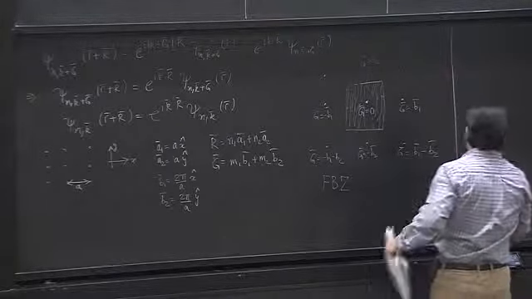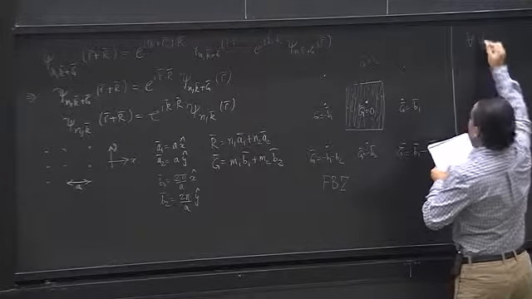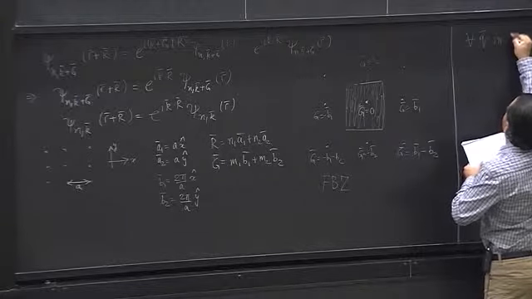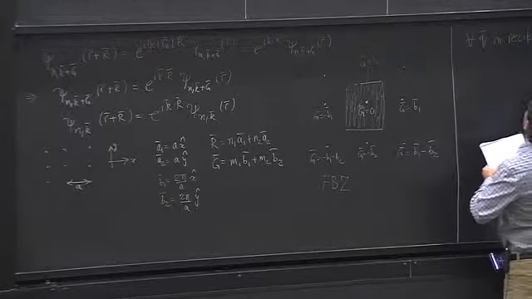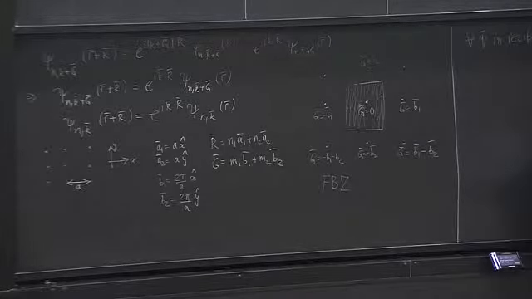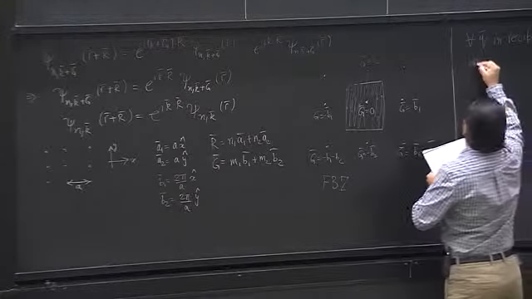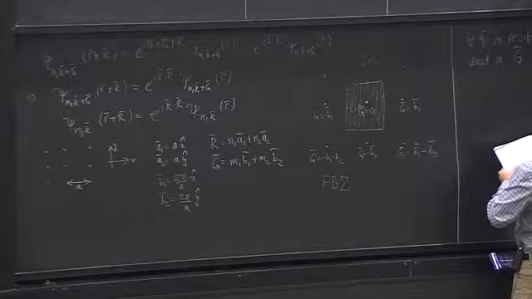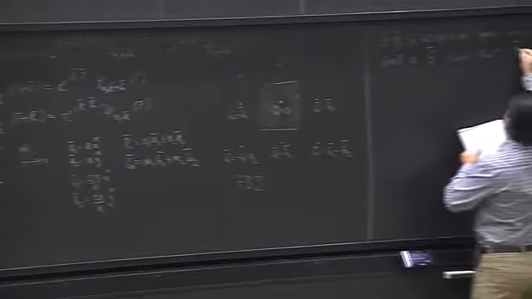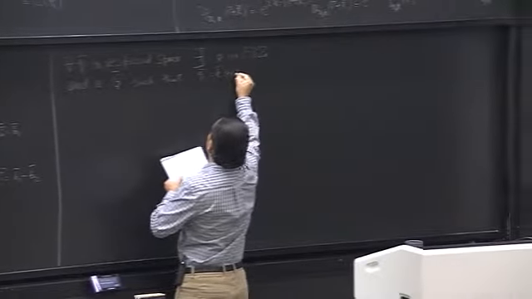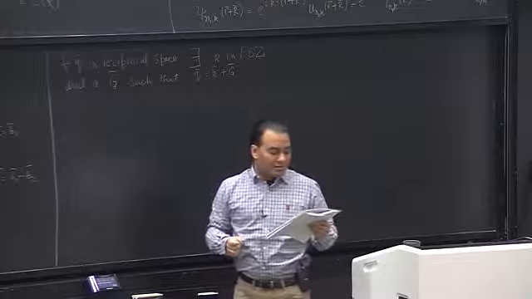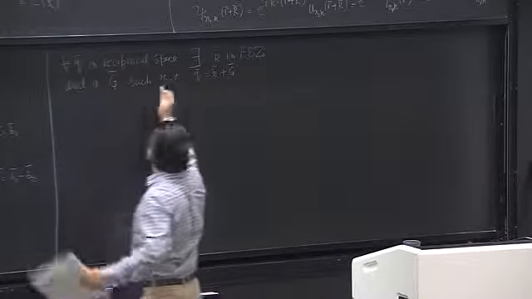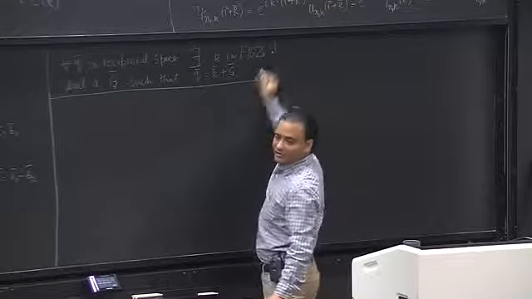So what that means is, for all vectors q in reciprocal space, there exists a k in the first Brillouin zone and a reciprocal lattice vector G such that q is equal to k plus G. So this is what we really want to do.